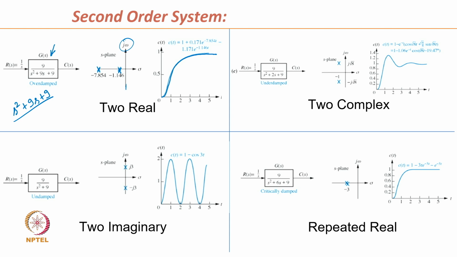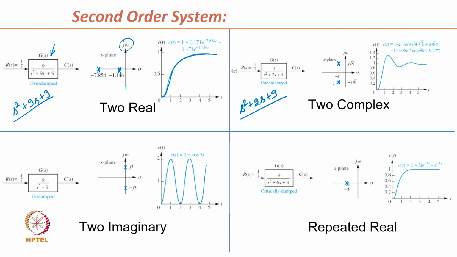Another case is when we have the characteristic equation s square plus 2s plus 9. This is the characteristic equation. If we take out the roots of this equation and plot them on the real and imaginary axis, both roots come like this. Both roots have real as well as imaginary parts.